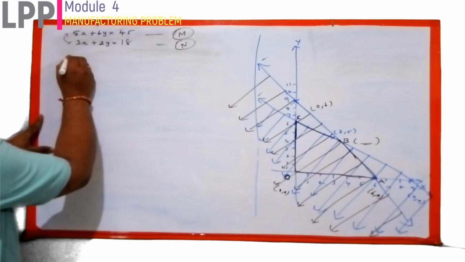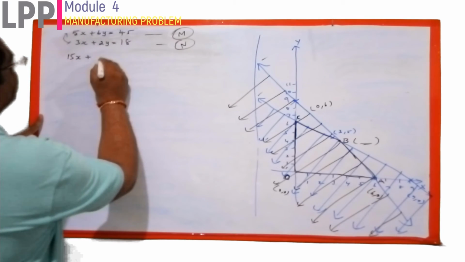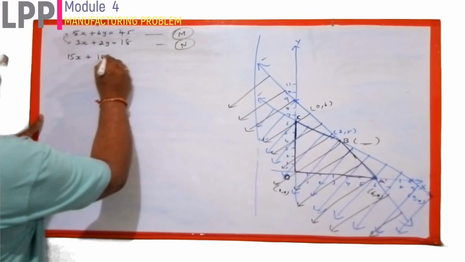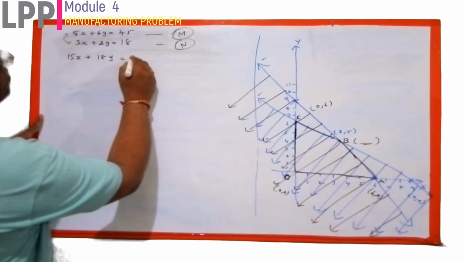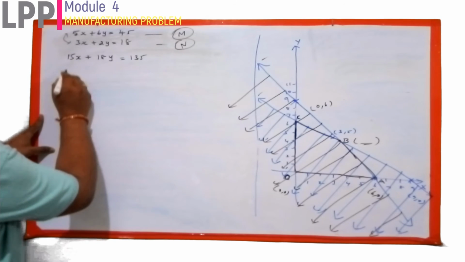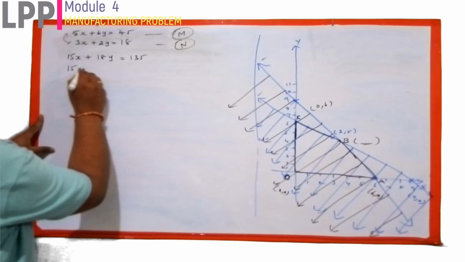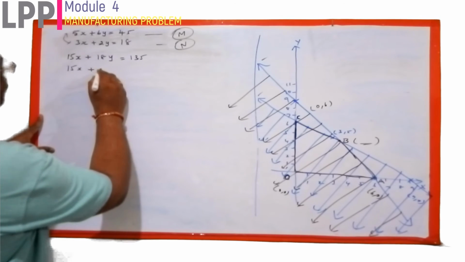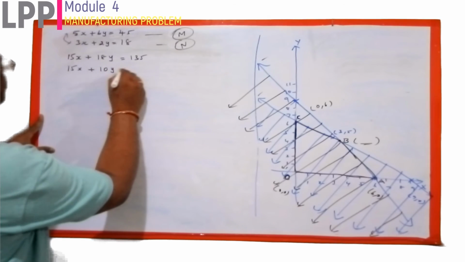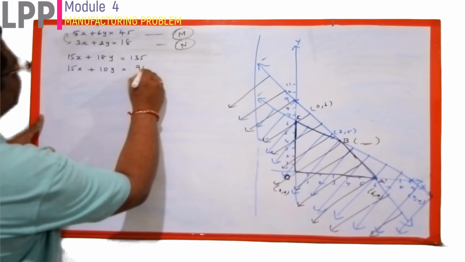So 5 into 3, that is 15x, 6 into 3, that is 18y, is equal to 3 into 45, that is 135. Similarly, the second one must be multiplied with 5. 5 3s are 15, 15x plus 5 2s are 10, 10y is equal to 5 18s are 90.